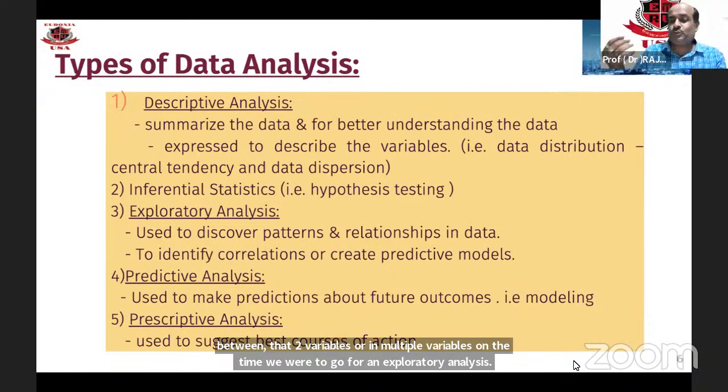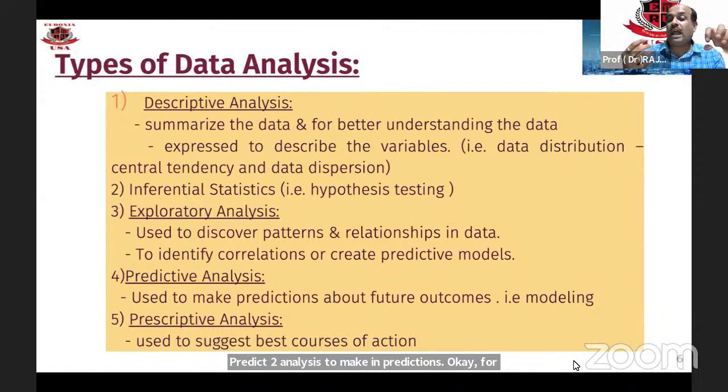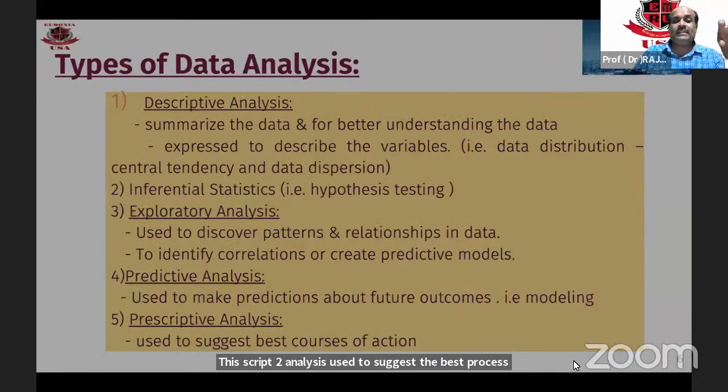Predictive analysis makes predictions for future outcomes, with modeling, to predict from the samples whether something occurs or not. Prescriptive analysis is used to suggest the best courses of action. These are the types of data analysis.